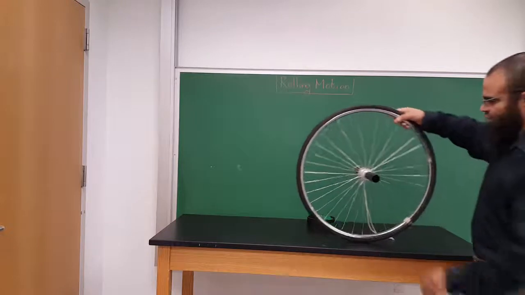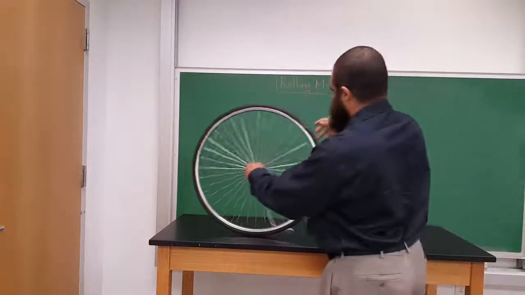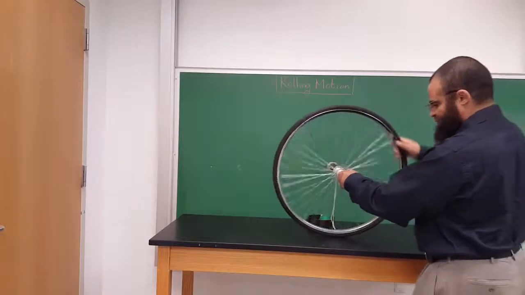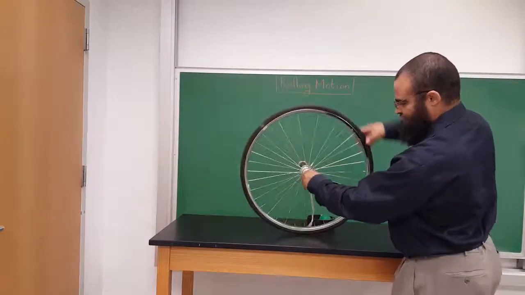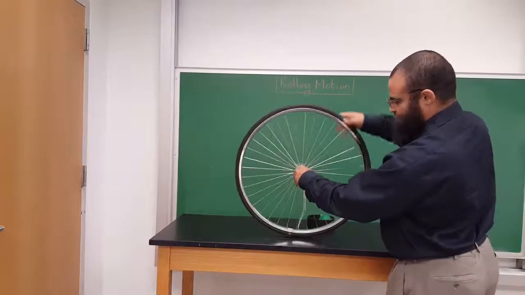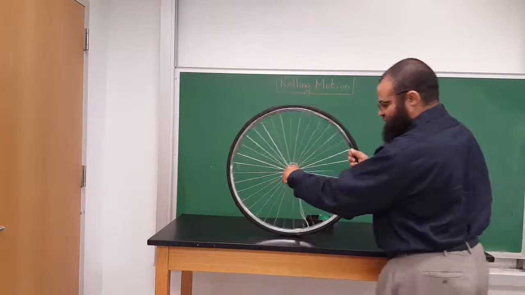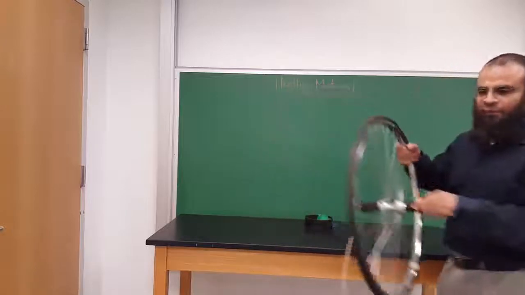If it rolls while rotating, then this is rolling motion. It could be rolling with slipping like this, if it's slippery or you accelerate really quick, or if you lock the brakes, you could be skidding. Okay. So we're going to look for motion at rolling without slipping.